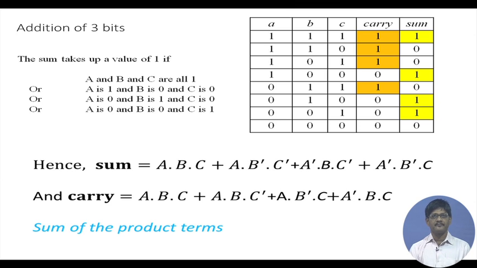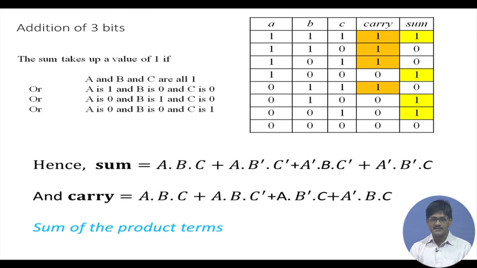In what way? We have written down sum is equal to, that means sum is 1 in cases where A and B and C, the first condition is written down, A and B and C, or is given as the, not mathematical or sign, the logical or sign is given.